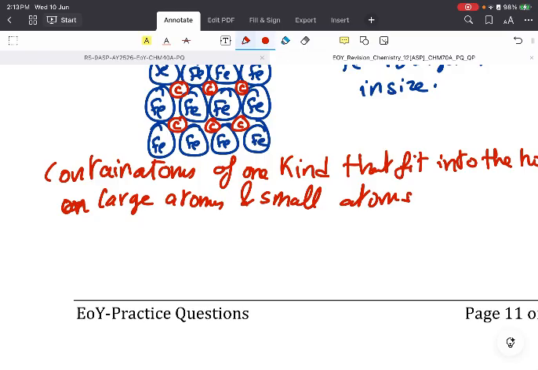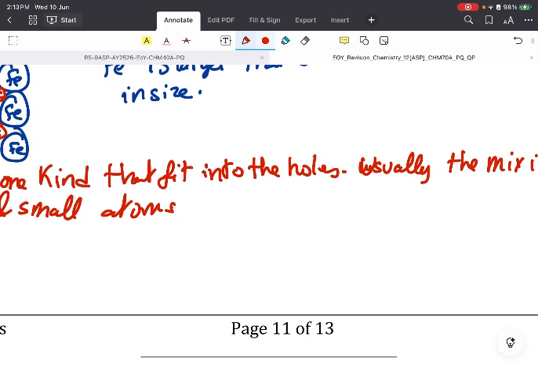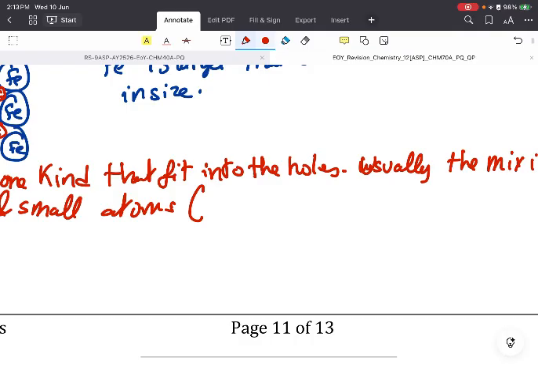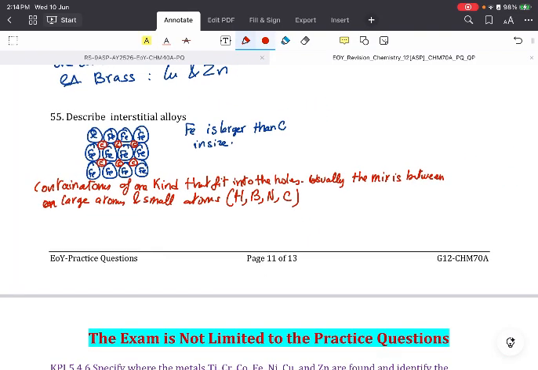So what are these kinds of small atoms that can fit into a metal structure? Sometimes it's hydrogen, boron, nitrogen, and carbon. They can fit in the closest packed structure.